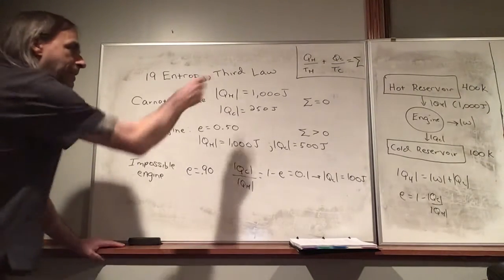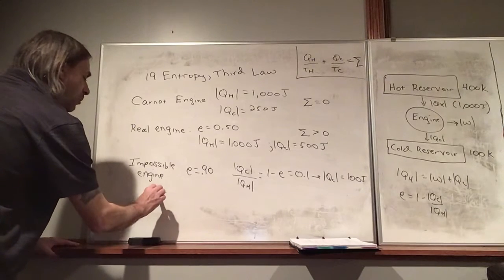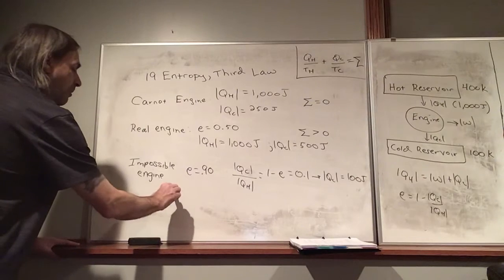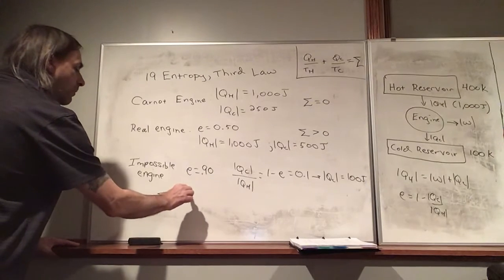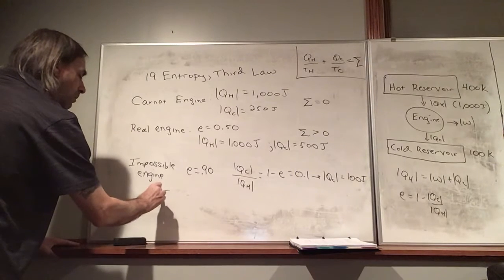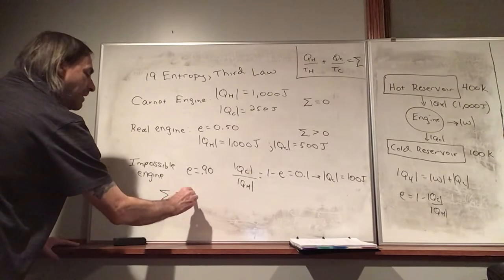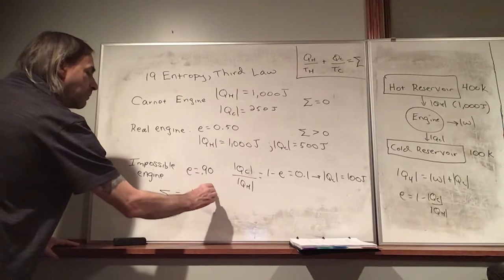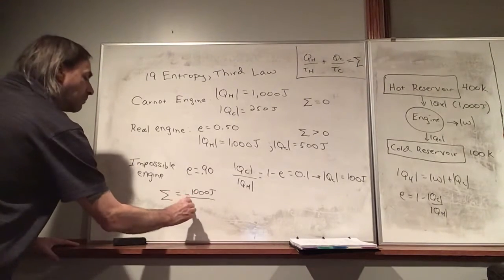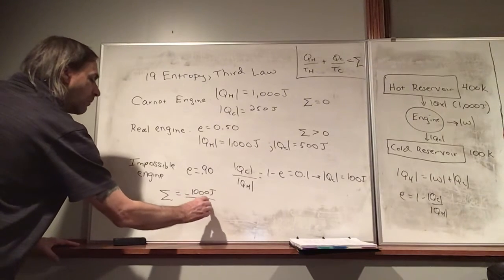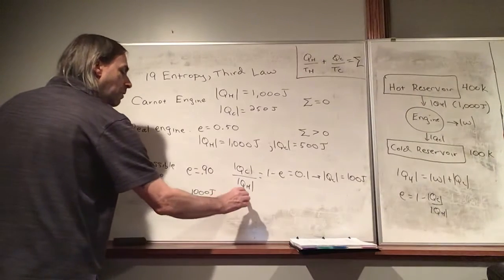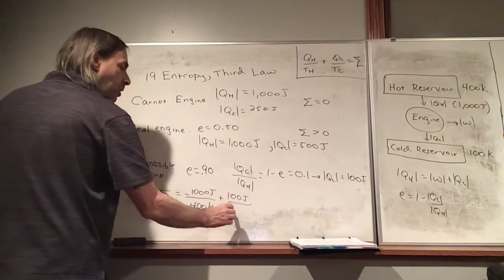So let's calculate this sigma again. We'll give it a different name later, but so we have QH over TH, and remember QH is negative. So we have minus 1,000 joules over 400 Kelvin. And then plus 100 joules over 100 Kelvin.